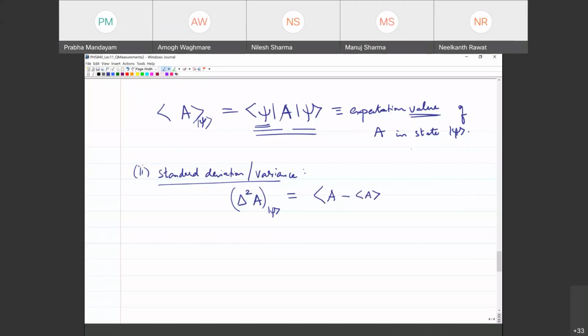Is it that, or is it expectation of A minus expectation A the whole squared? Both the things are the same. So this is how it's defined. Guys, you have to correct me if I'm wrong. This is fine, this definition?